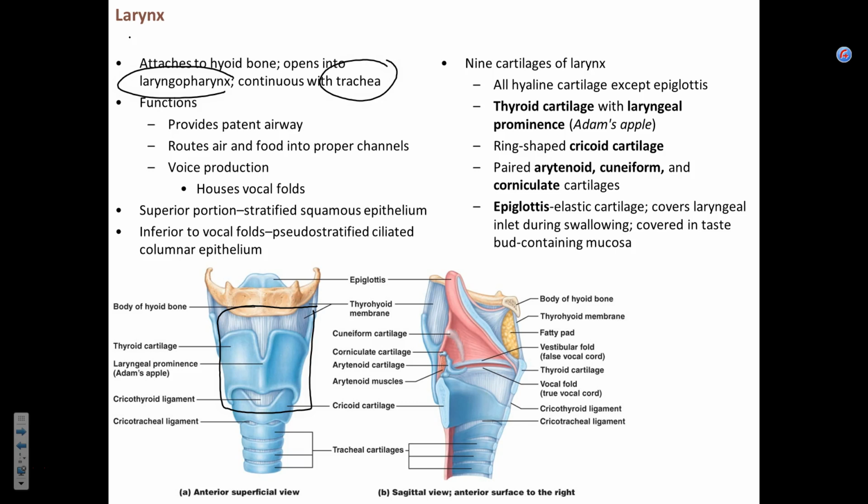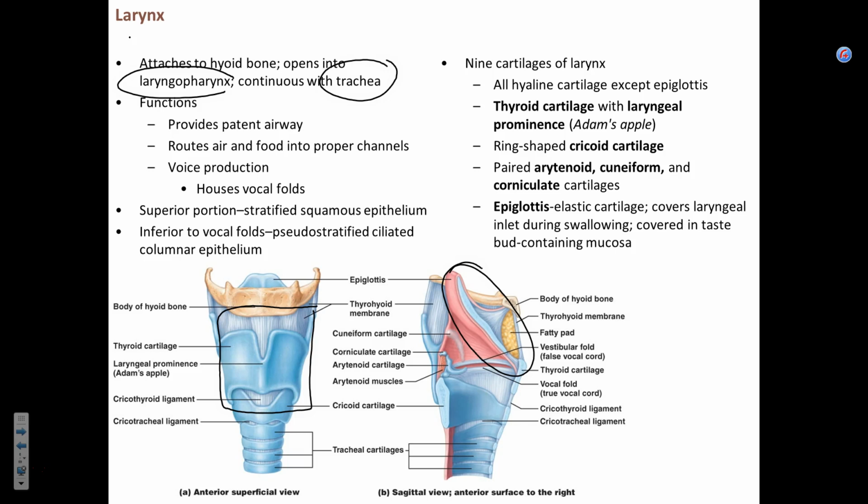So what it does, it separates the airway and esophagus, basically. Epiglottis, when we swallow, epiglottis closes the larynx. Does that make sense? It's elastic cartilage, closes larynx so food doesn't get into the respiratory tract.